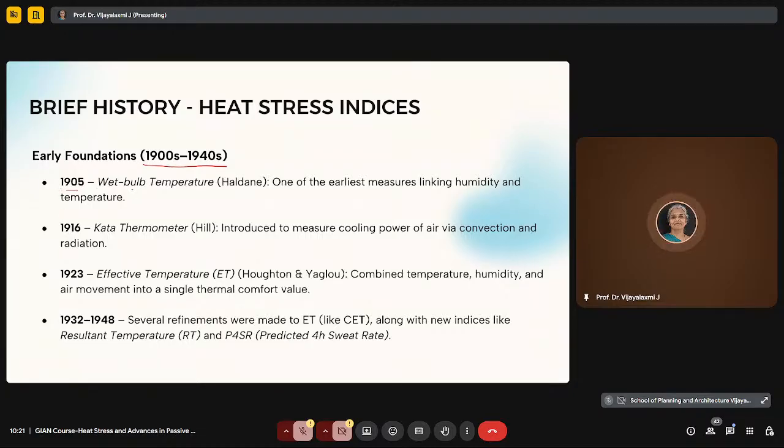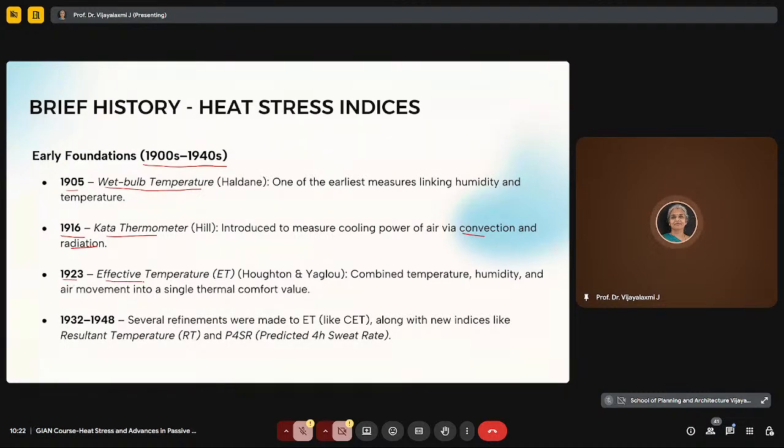In 1905, wet bulb temperature was considered a good indication of heat stress, which means it was one of the earliest methods where they tried to link temperature with humidity to understand how anyone can feel uncomfortable. Then in 1916, the Kata thermometer was introduced, and this measured the cooling power of air through convection and radiation.